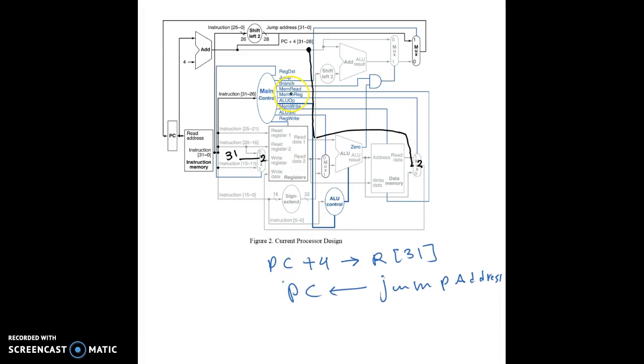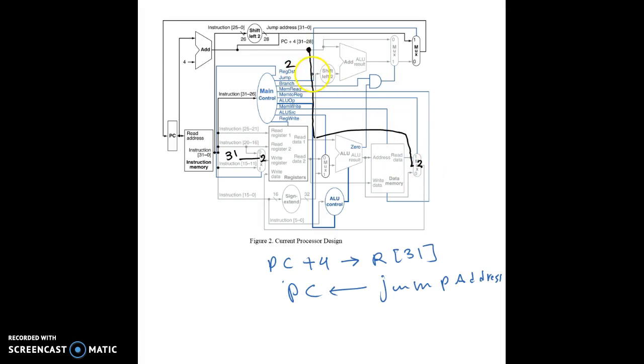Okay, now at this point we need to specify the control signals. Starting from RegDst, as we can see, this line controls the newly extended mux. So for this control line, we need a value of 2 to select register number 31.